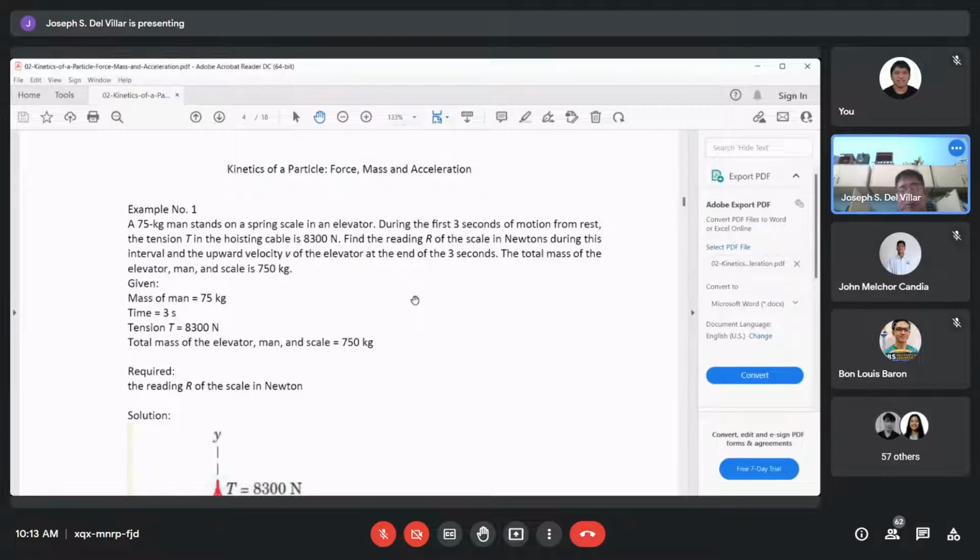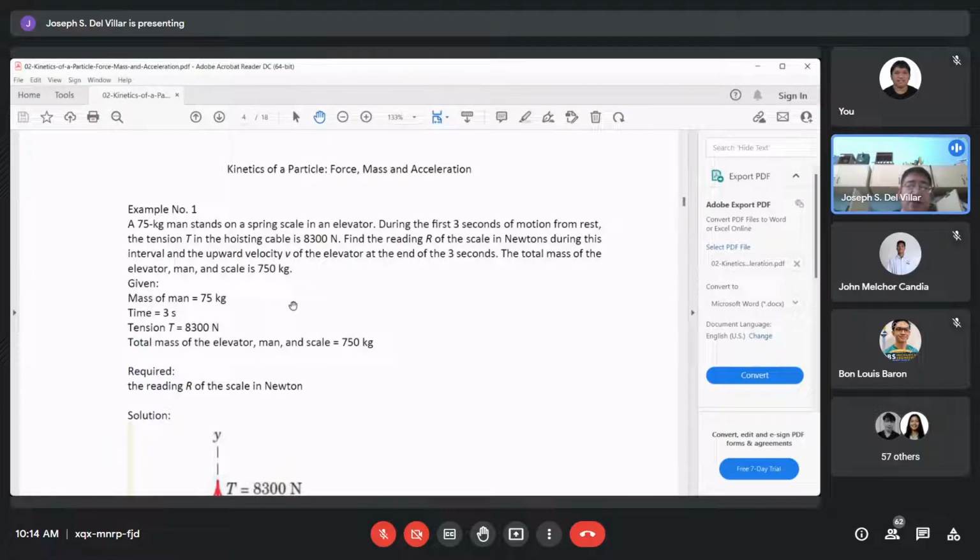Okay? So that is the tension in the cable of the elevator. Now, find the reading R of the scale in newtons during this interval and the upward velocity V of the elevator at the end of the 3 seconds. The total mass of the elevator, man, and scale is 750 kilograms.